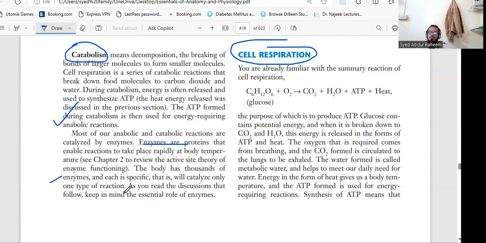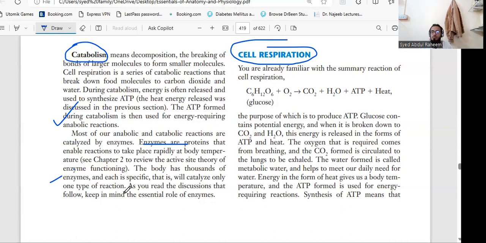Catabolism is nothing but the utilization of simple molecules for producing ATP to produce energy. Likewise, I give an example. Basically, with the help of enzymes, we do anabolism and catabolism.